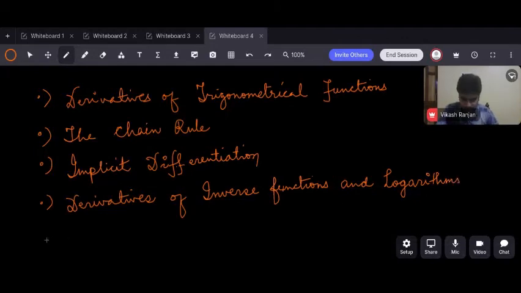Next topic is inverse trigonometric function.